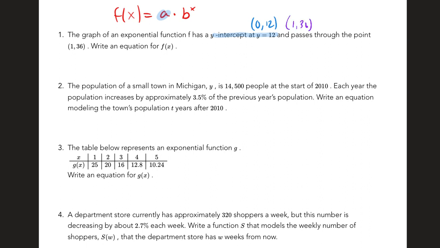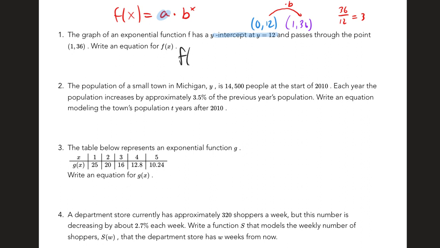And so we want to look at, what are we multiplying by? What number are we multiplying 12 by to get to 36, right? So of course that's 3. So that's our growth rate, right? We always take that later one divided by the earlier one, and so 3. There's our b value. So there we go. That's what we needed to know.